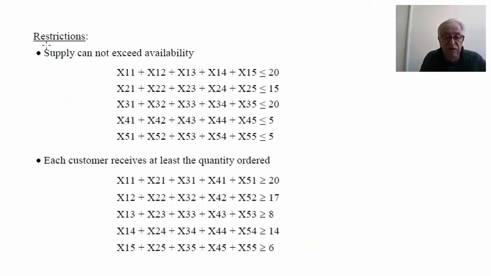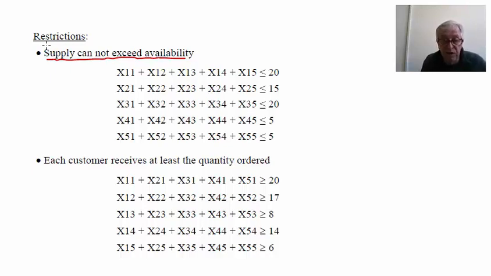So now we have the restrictions, and we have two kinds, those related with the supply side, and in the supply side we just can state that the supply that will be provided cannot exceed what is available. So we saw previously that the variables in a line of the matrix of the decision variables correspond to what is supplied by a given supplier.